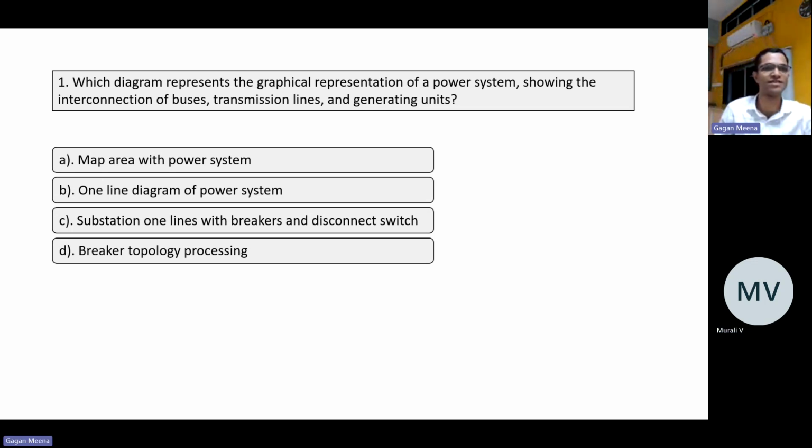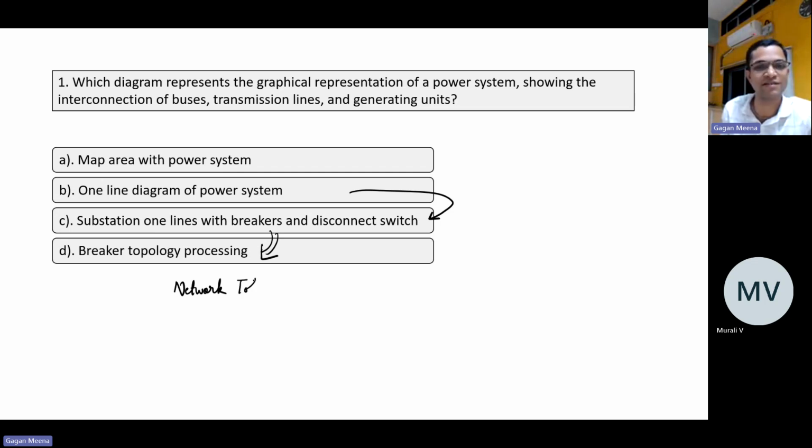Let us start with this. Which diagram represents the graphical representation of a power system showing the interconnection of buses, transmission lines, and generating units? It's a very simple question. It's the one line diagram, which we have already discussed. We get this by using information given by the topology processor, which we also call the network topology analyzer.